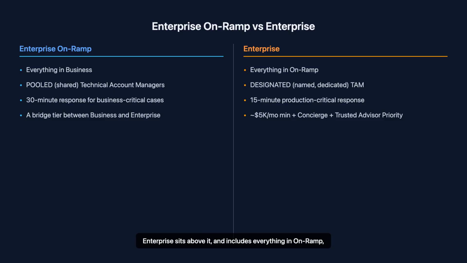Enterprise sits above it, and includes everything in on-ramp, but with a designated TAM, one named, dedicated person who knows your environment. Its top response time is 15 minutes for production-critical cases. Enterprise now starts around $5,000 a month, and adds concierge billing support and trusted advisor priority. The 2 words that separate them are pooled versus designated, and the 2 numbers are 30 minutes versus 15.